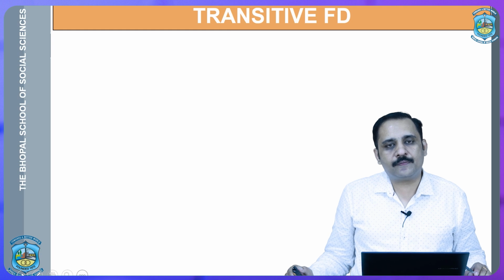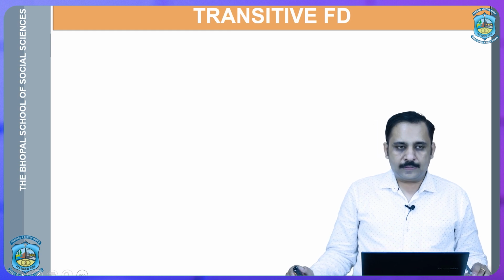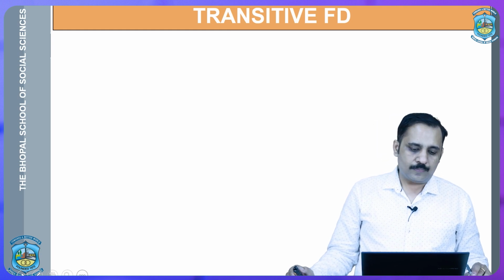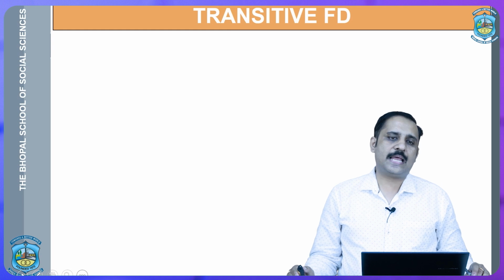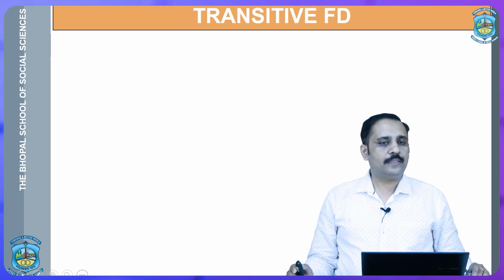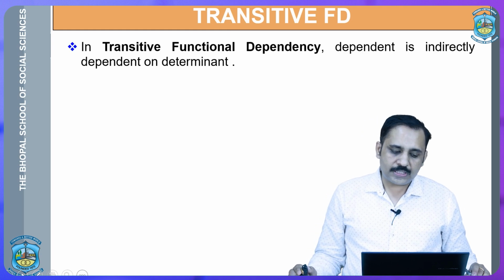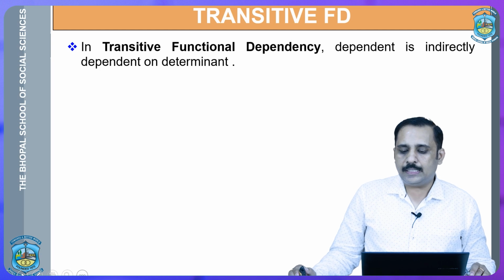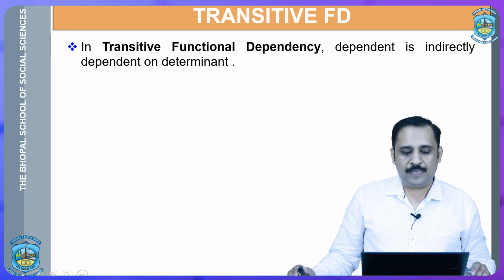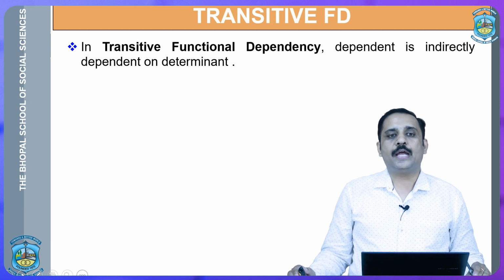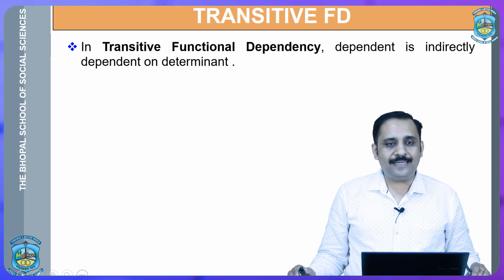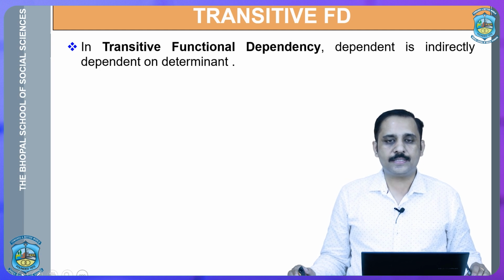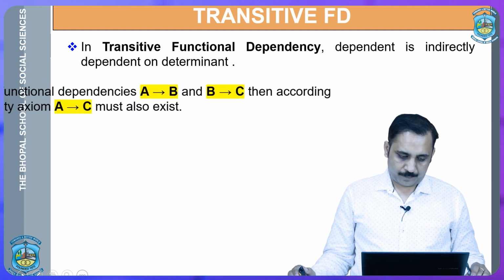Next, we have transitive functional dependency. This transitive property is used exactly the same as we have in set theory or in mathematics. Here the dependent is indirectly dependent on the determinant. That means it is not directly related, it is indirectly related or indirectly is a part of the determinant.